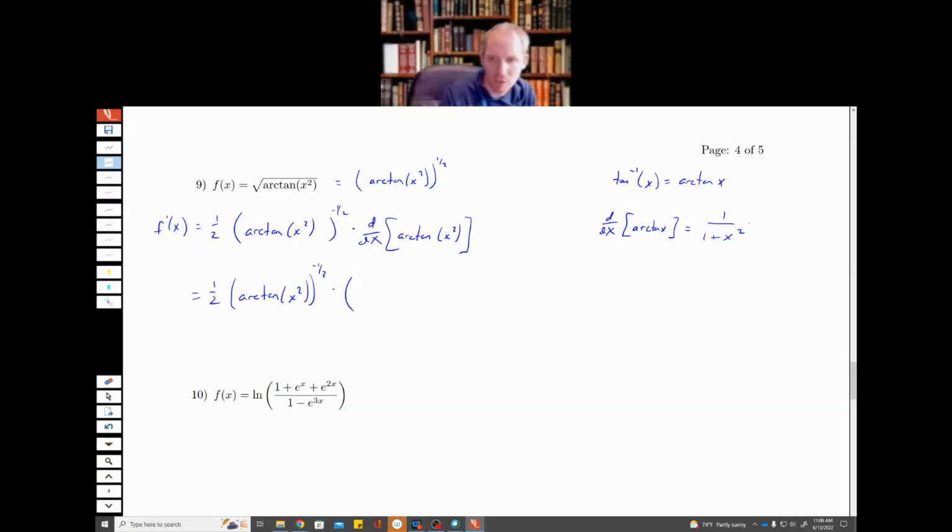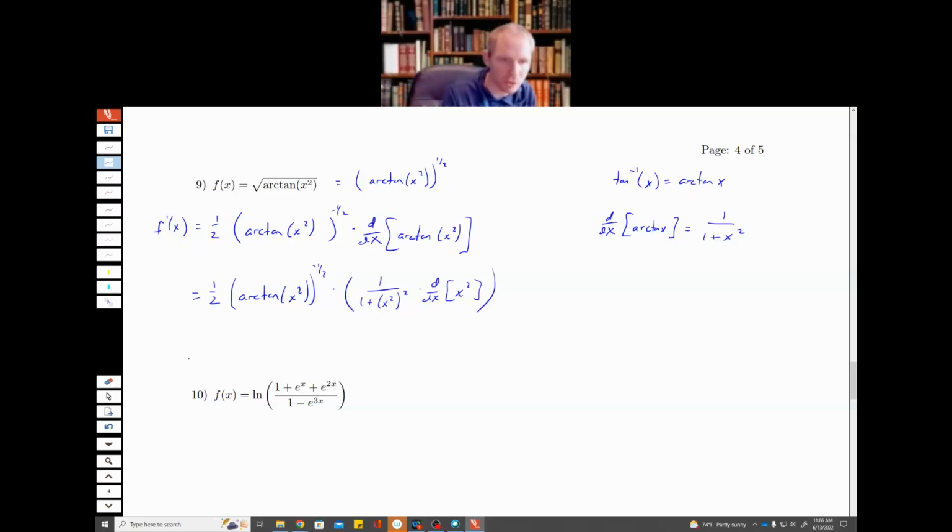Okay, so I'm going to use this derivative formula, 1 over 1 plus x squared. But I'm not taking the derivative of arctangent of x. I'm taking the derivative of arctangent of x squared. So I don't plug in x, I plug in x squared. So I have 1 over 1 plus x squared times the derivative of x squared.